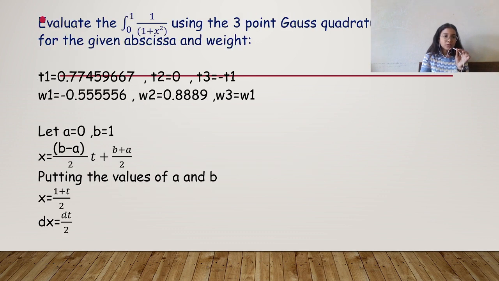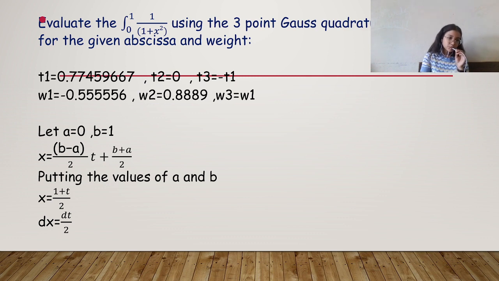Question number 4. Evaluate the integration using the 3-point Gauss quadrature formula for the given abscissas and weights. t1 equals minus 0.77459667, t2 equals 0, t3 equals plus 0.77459667, W1 equals 0.555556, W2 equals 0.8889, W3 equals W1.